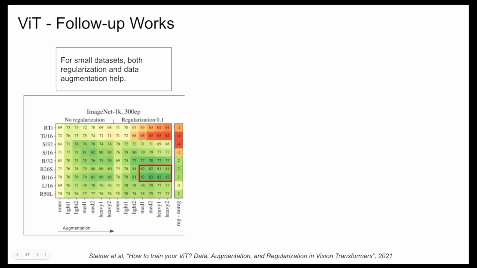This is what you see as augmentation increases as you go like this, and this is regularization. So for a smaller dataset, like imagine 1K, if you regularize and you do augmentation, it actually helps. You can see that the best results were achieved where there's regularization and there's medium to heavy data augmentation.